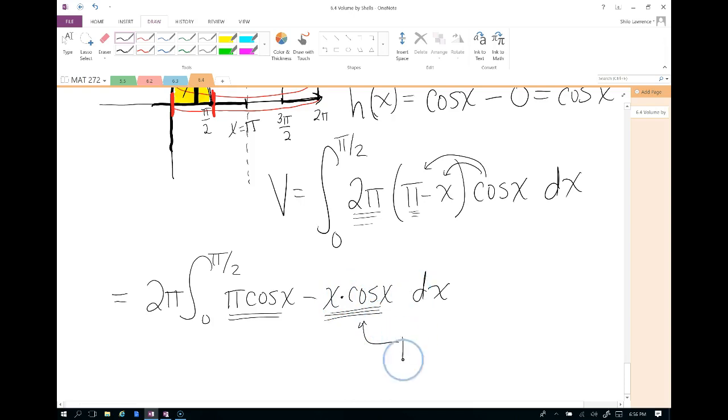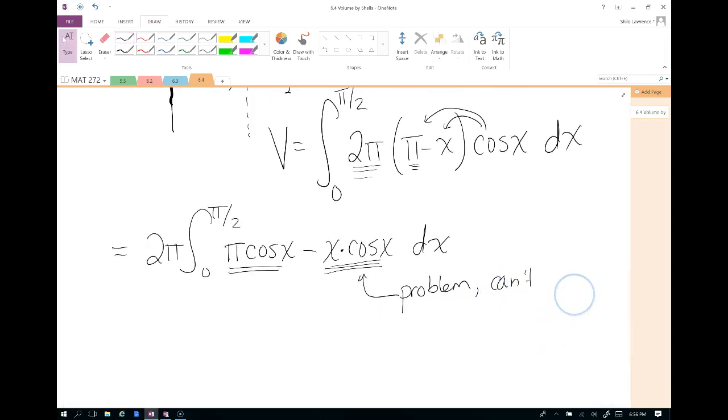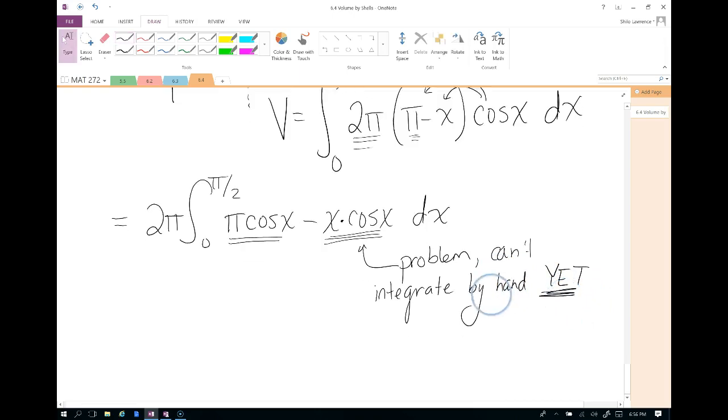So right now this is a problem. This is not something that we know how to integrate by hand. We will learn how to integrate that by hand this semester, but we haven't yet. So just not yet. So we're going to have to do this one in the calculator.